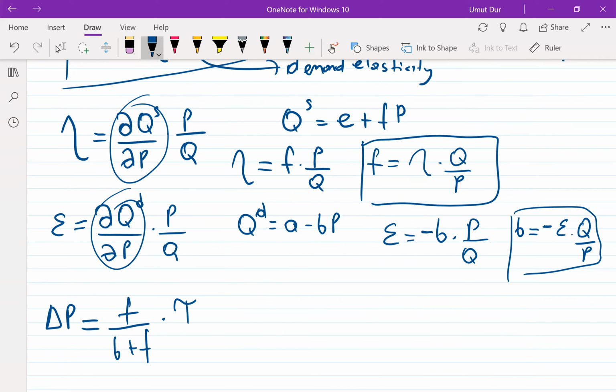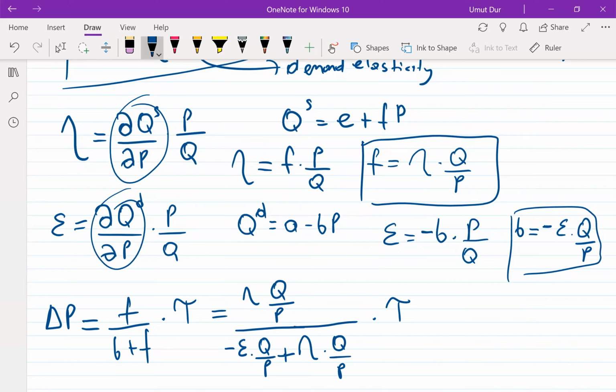Instead of F, I will write eta times Q over P. Instead of B, I will write minus epsilon times Q over P plus, instead of F, eta times Q over P times tau.